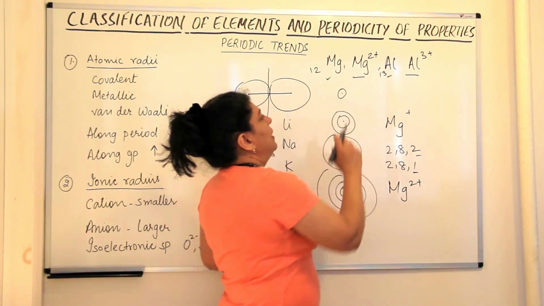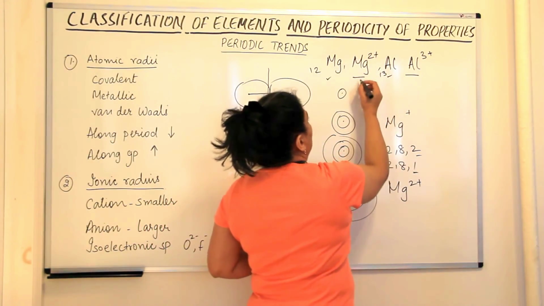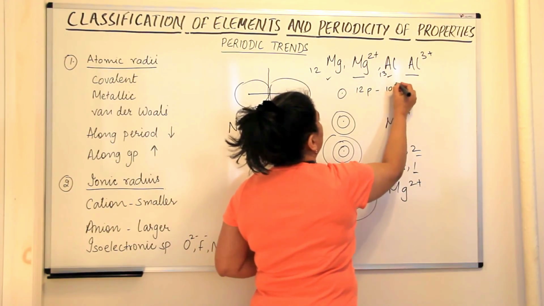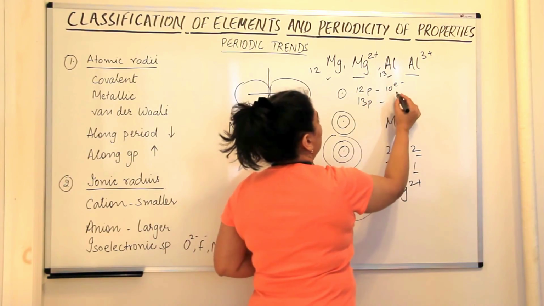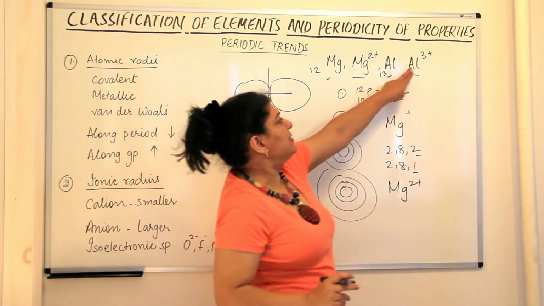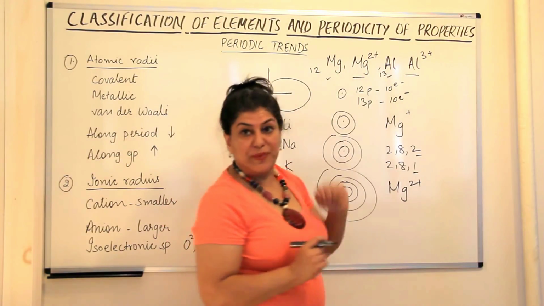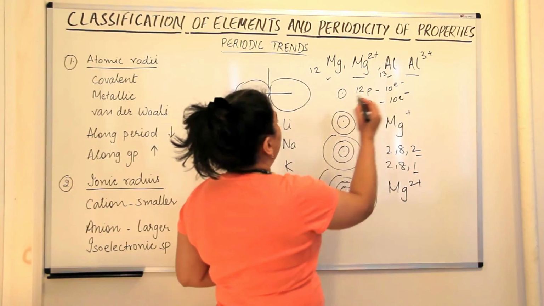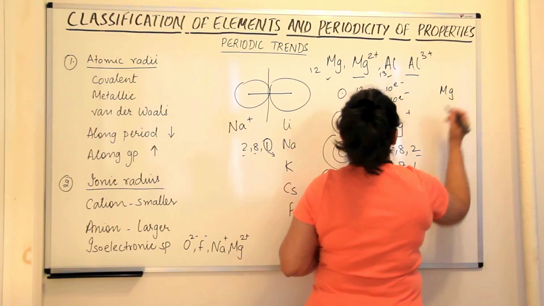But magnesium, after forming Mg2+ ion, has 12 protons and how many electrons? 10 electrons. And aluminum ion has 13 protons and how many electrons? It has 10 electrons too. After losing 3 electrons, it has 10 electrons. So these two are isoelectronic species. So out of magnesium and aluminum, which is larger? Magnesium is large and aluminum is small.